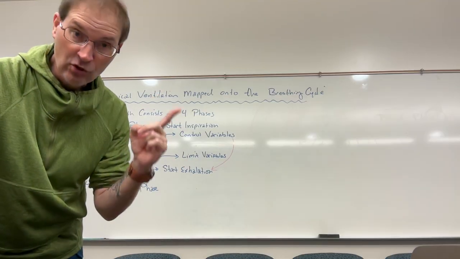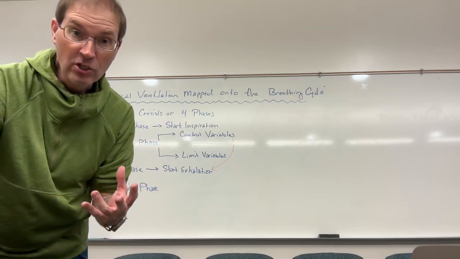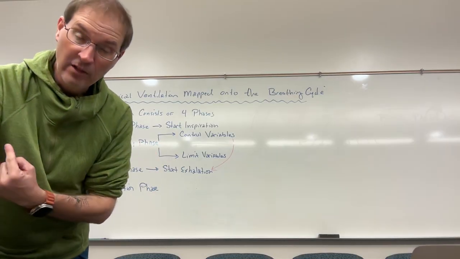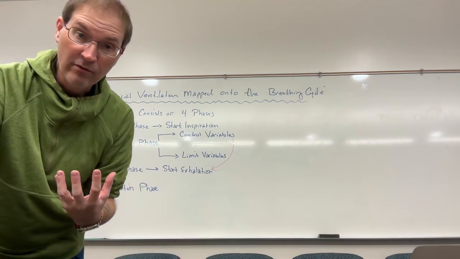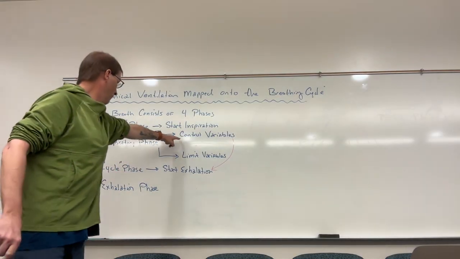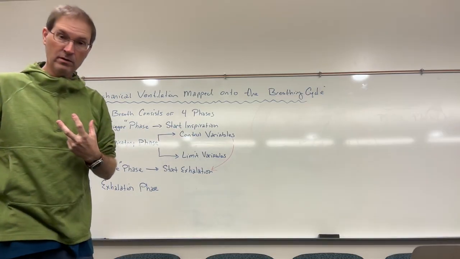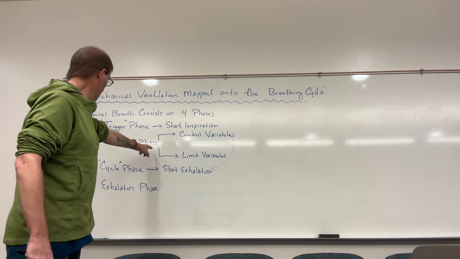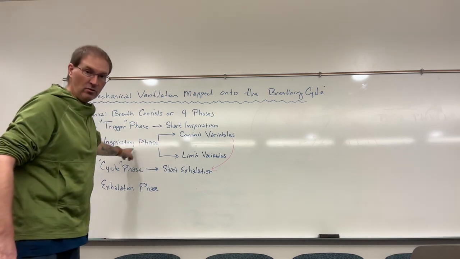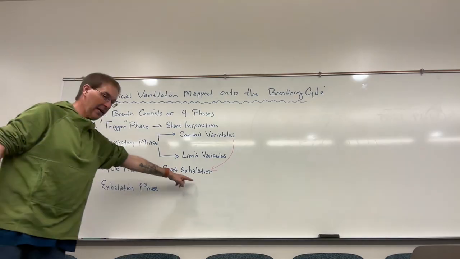Are you going to control pressure or are you going to control volume? And so when you hear the term volume-controlled ventilation, for example, that is a paradigm of mechanical ventilation where a certain volume is being used to terminate the inspiratory phase and to cycle the patient into exhalation.